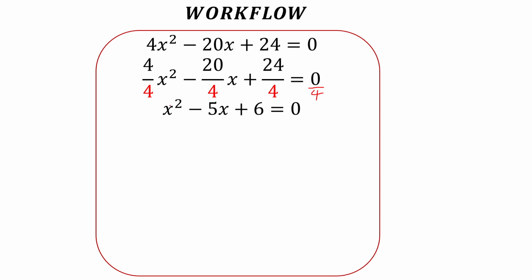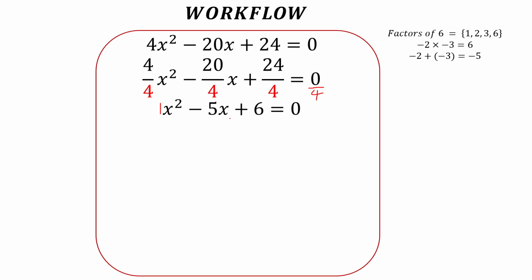Now you can see this is much simpler compared to the first equation, right? From here, the number we'll be dealing with is 6, because now the coefficient of x squared is 1. 1 times 6 gives us 6. Factors of 6: 1, 2, 3, and 6. Two factors of 6 which can be added to get negative 5 and multiplied to get positive 6 are clearly negative 2 and negative 3, right?